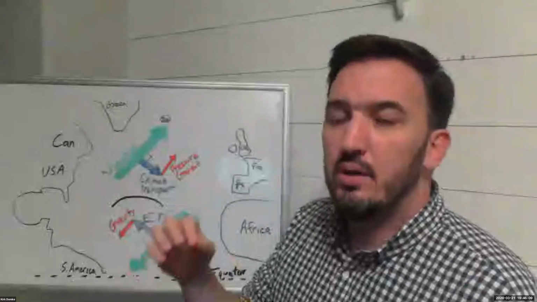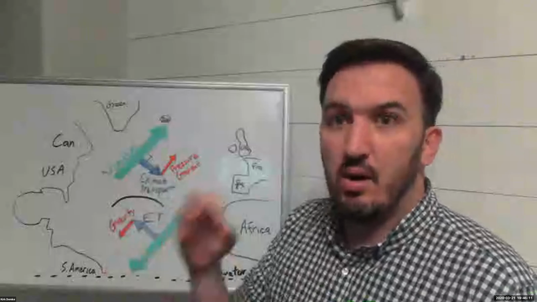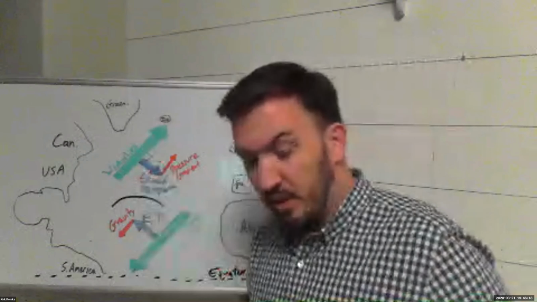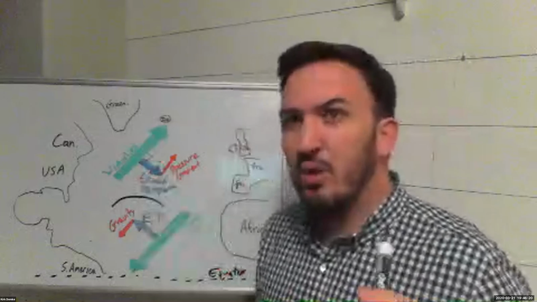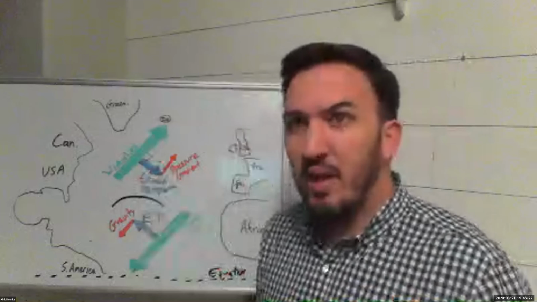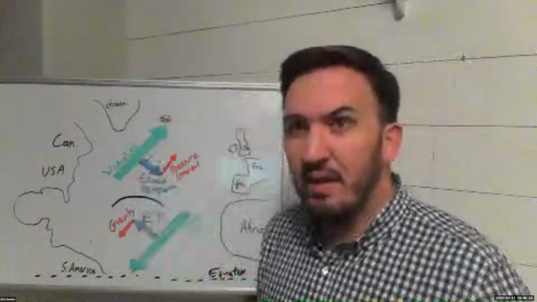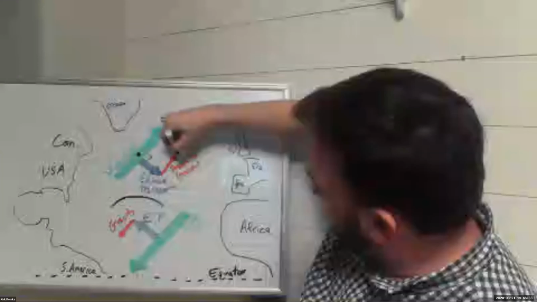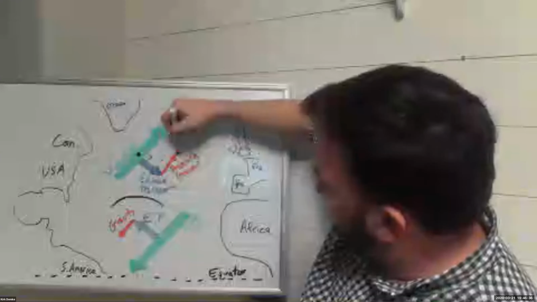We have these three forces: wind friction, Ekman transport, and the pressure gradient, AKA gravity, all acting on the sand here further north in the Atlantic Ocean. So what we're left with is the current here, the water heading over to here.